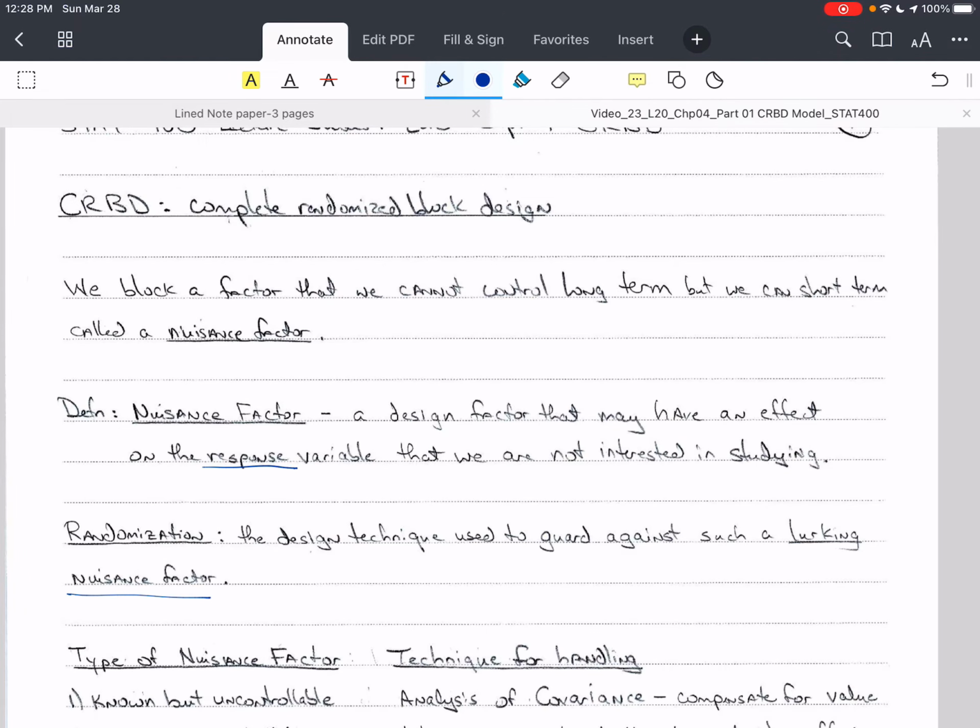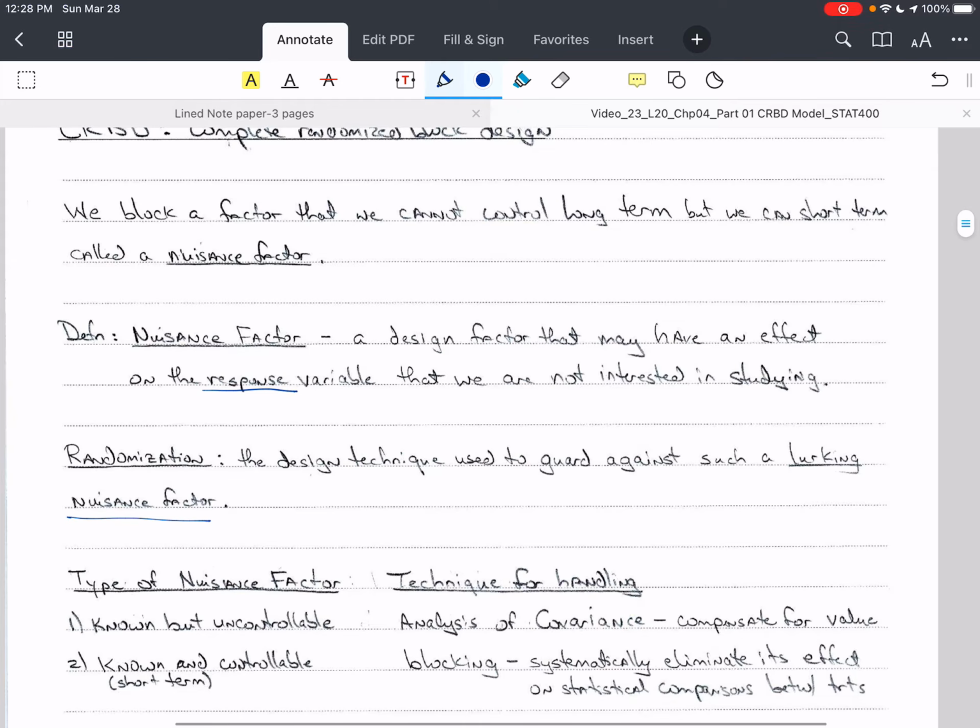Okay? So there's two main types of nuisance factors. There's the known but uncontrollable, and that will require a different analysis called analysis of covariance, which we're not going to talk about right now. And then we'll have something that's known and controllable, at least controllable short term.